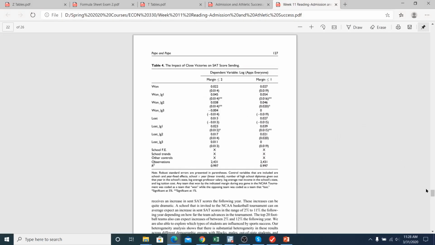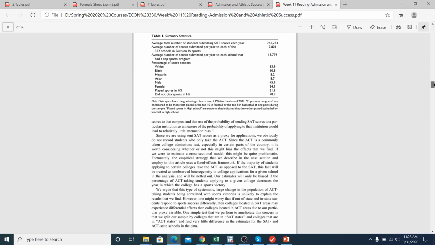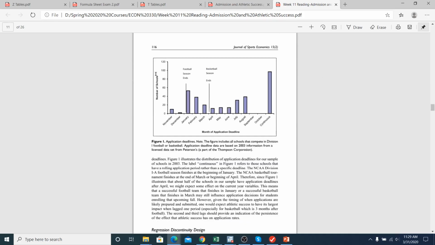Okay. Some pretty interesting findings here. So let's go to the tables. One thing that's nice is a lot of people take the SAT right around the time of basketball season ending, so with success here, we might see an increase in the SAT score percent.